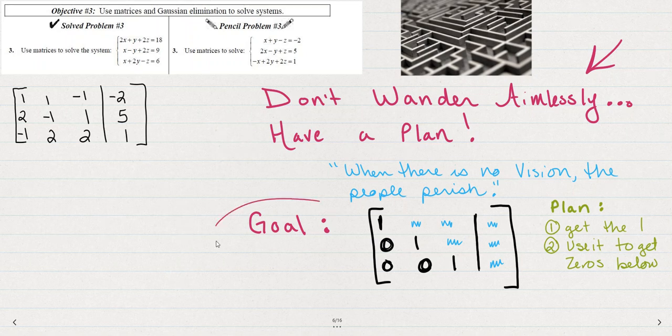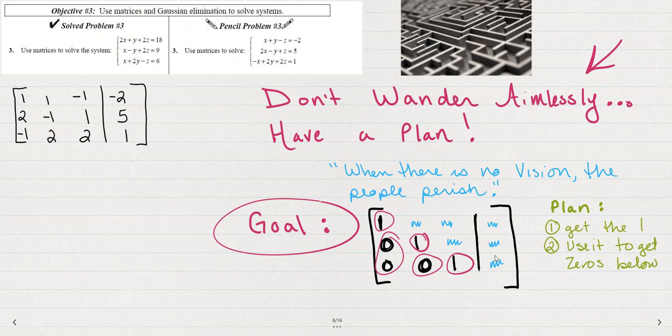You have this goal in mind. Here's the goal. We want ones across the diagonal, and we want zeros below each one. So we're going to shoot for getting a 1 in this first spot, and then get zeros below it. Get the 1 in the second spot for row 2, and get a 0 below it. And then get a 1 in the third spot, and there's no zeros to worry about.